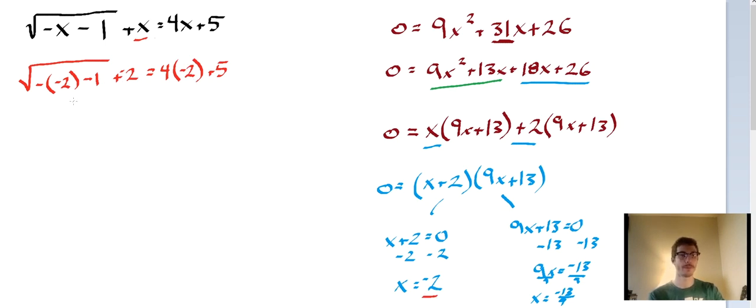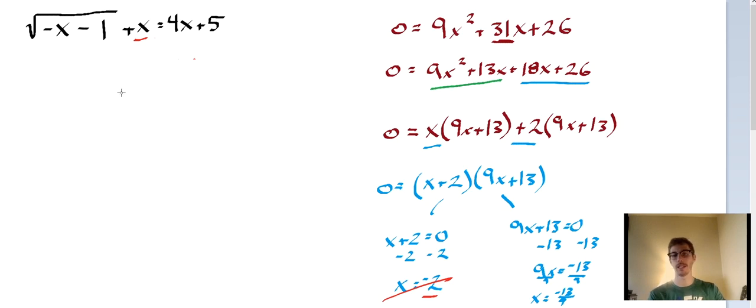So I missed that one. And negative negative gives us a positive. So a positive 2 minus 1, we're left with the square root of 1, which is also just 1. Minus 2 is equal to negative 8 plus 5. 1 minus 2 is a negative 1 is equal to a negative 3. Well, that's not true. So we know that x equals negative 2 is not a valid answer.